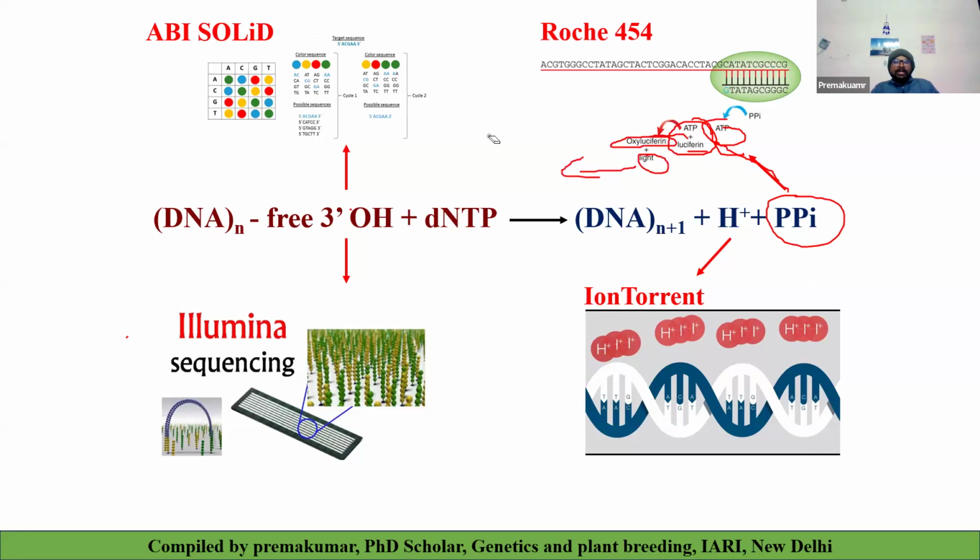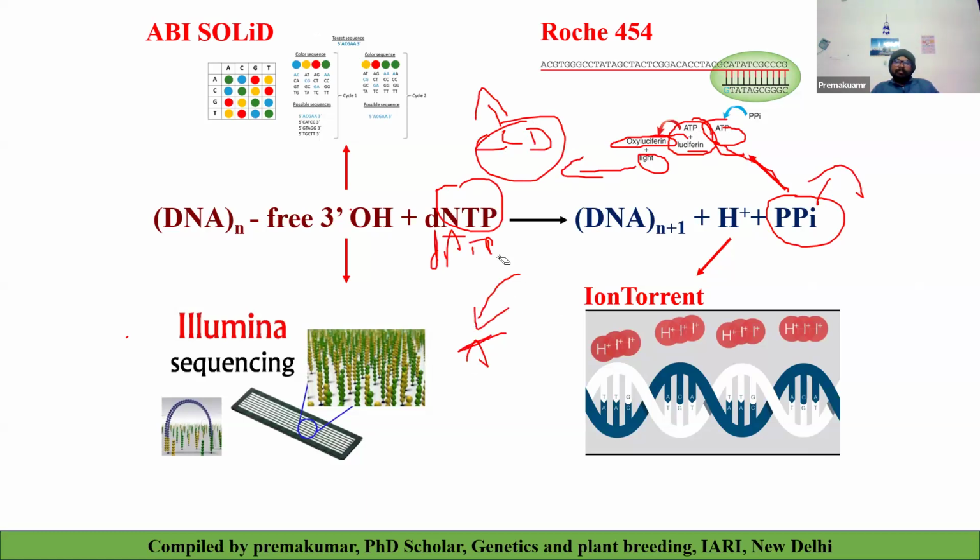This light can be detected by CCD cameras. For example, you add dATP, adenine triphosphate. Then your pyrophosphate is released, so you can say this position has T. Whenever T is there, adenine will incorporate.